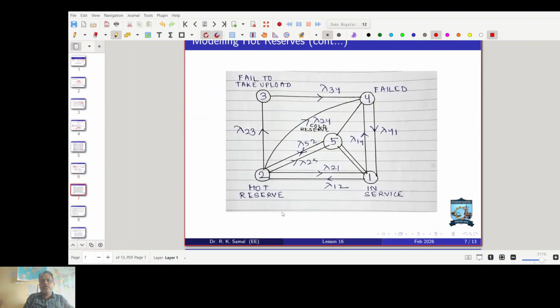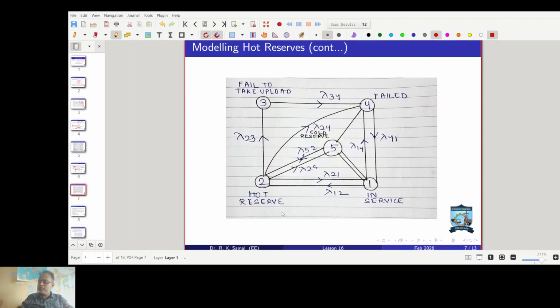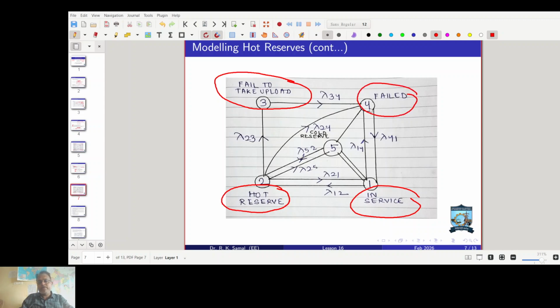So the hot reserve is either in service, or it is on reserve, it fails to take up the load when demanded, it fails, but most importantly it is not yet started, the boiler is shut down. Under what condition it is there, and the transitions between them.